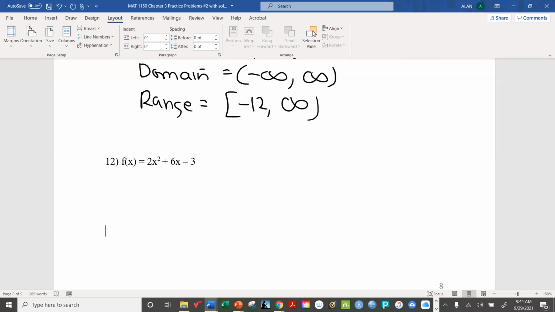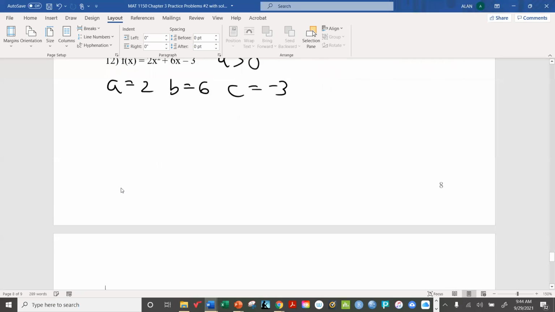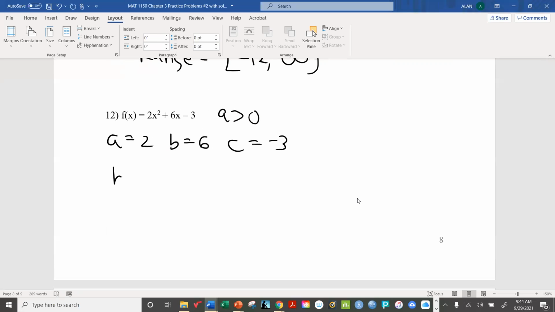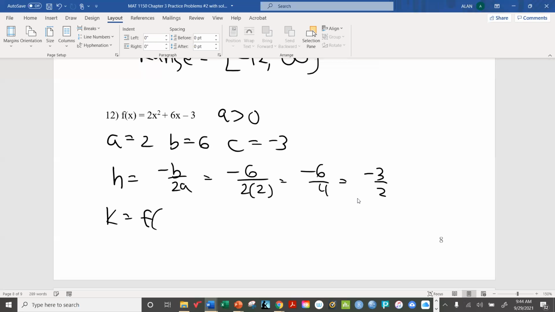So and then once again, A is positive. I guess I should have tried some negative ones, but all right. So here we go. A is 2, B is 6, C is -3. Negative B over 2A, -6 over 4, -3 halves, K is f of H.